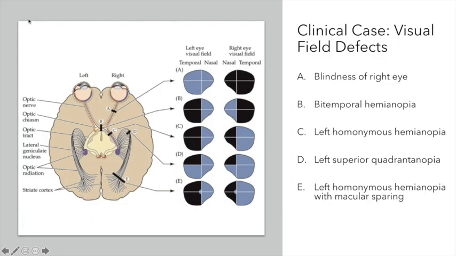Now we're going to go over a case of visual field defects. So visual field defects can be caused by many different neurological disorders, but they all involve a lesion to optic nerve fibers somewhere on the route from the orbit to the visual cortex in the occipital lobe.